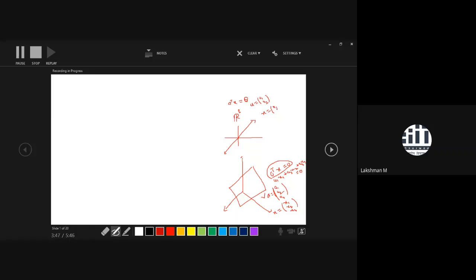If you simplify A transpose X equal to 0 in R2, the dot product between the two-dimensional vectors A and X simplifies to A1 times X1 plus A2 times X2 equal to 0.